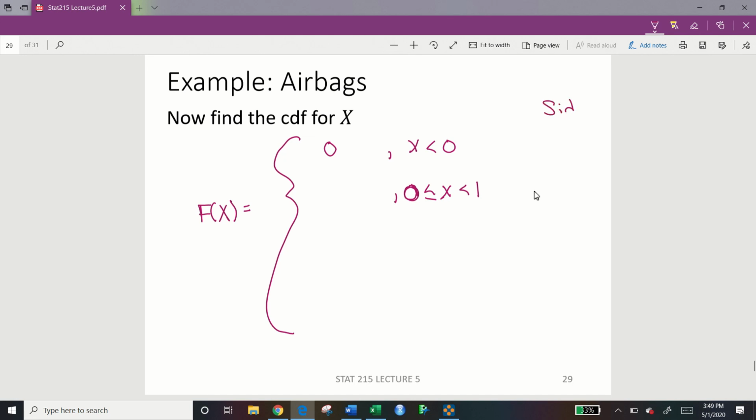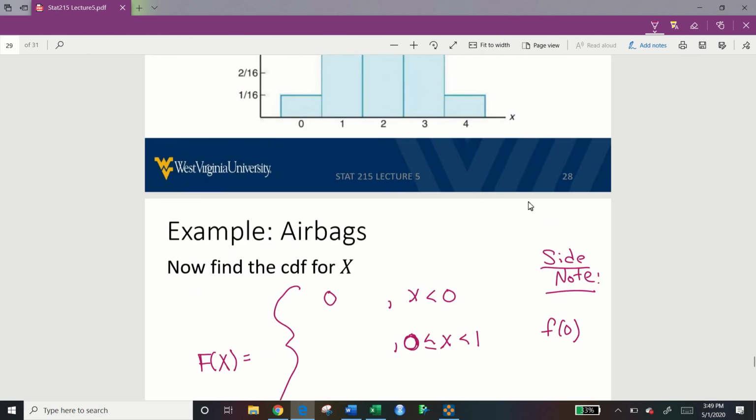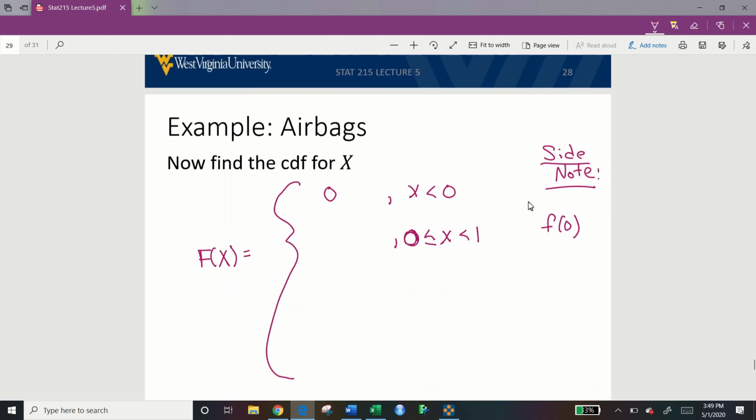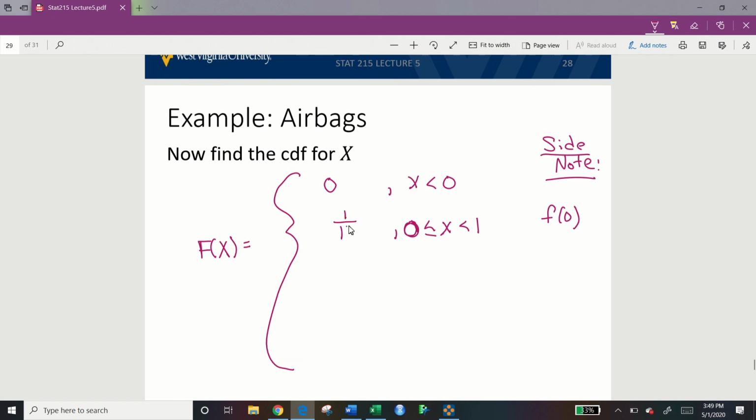So I'll write a side note for when we have f of 0. If we look up, we remember f of 0 is 1/16. For that cumulative distribution, remember that means we are going to add.